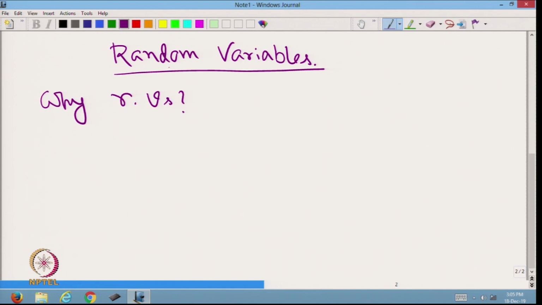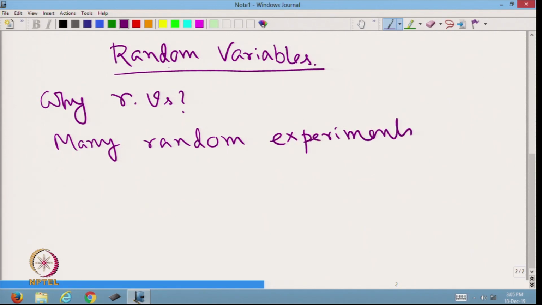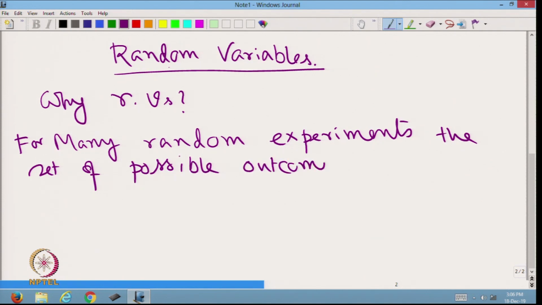We have seen many random experiments for which the set of possible outcomes, that is omega, often consists of symbols.